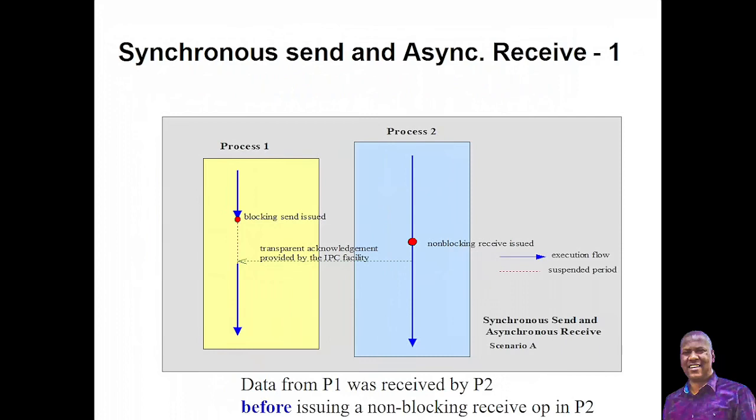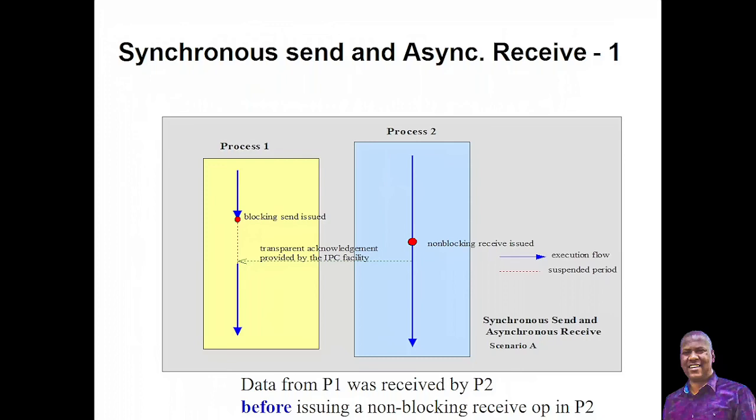Also we have the other way around: synchronous send and asynchronous receive. Synchronous blocks, asynchronous does not block. Here process 1 blocks while the sending process is taking place, and on the other hand, the receiving process has the liberty to keep on receiving different messages from different processes, which we refer to as non-blocking.